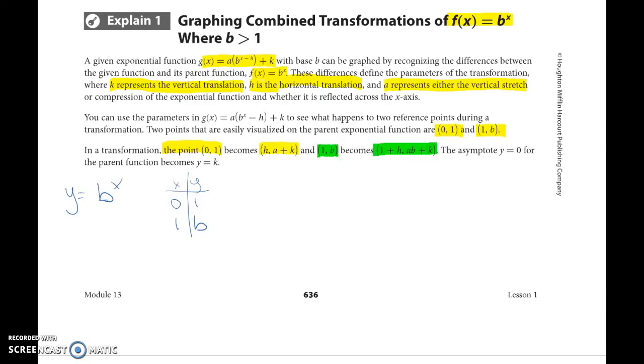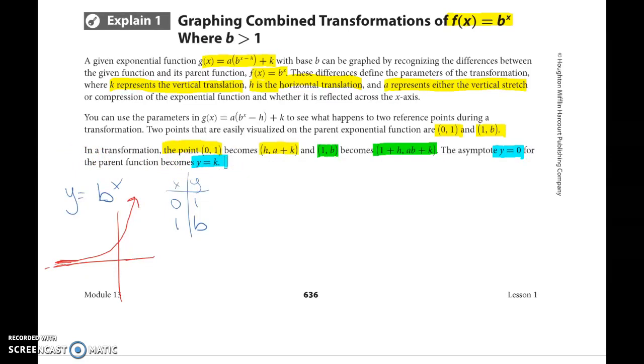And your asymptote, you know how when we drew this, it got really, really close to 0 but never really crossed it, that's your asymptote of y = 0. But now that we're shifting these, it's going to be a little bit different. So our asymptote is going to be y = k.